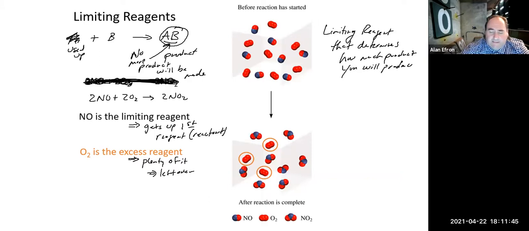And again, it's the idea that as soon as that one is gone, there's really no ability for you to make products, right?